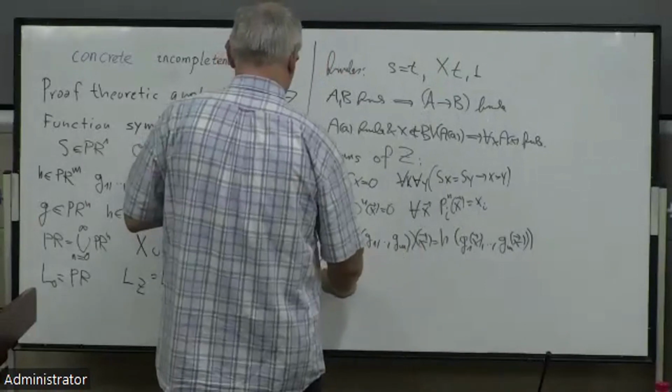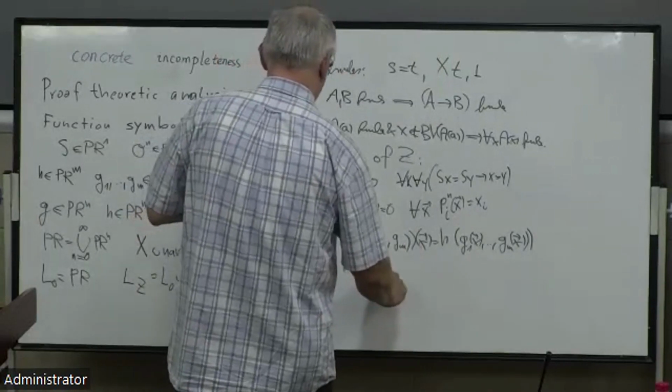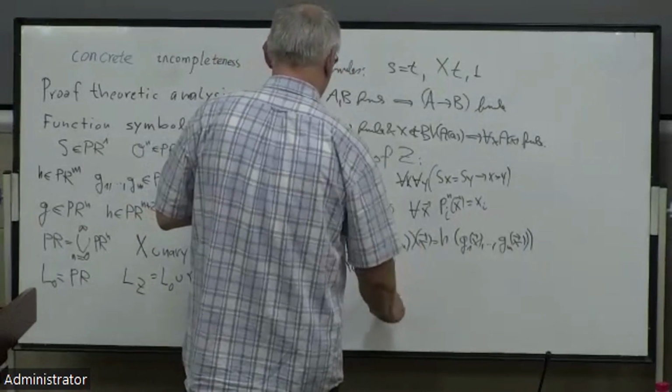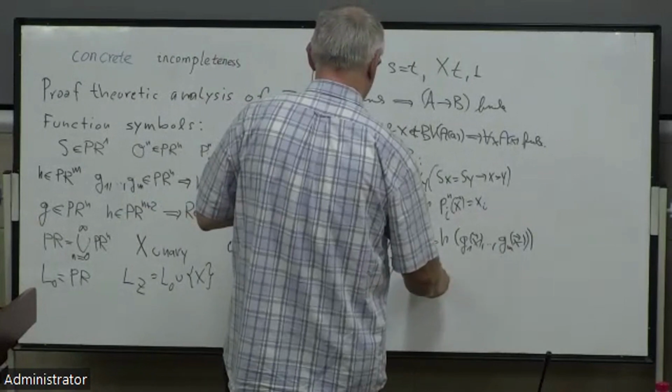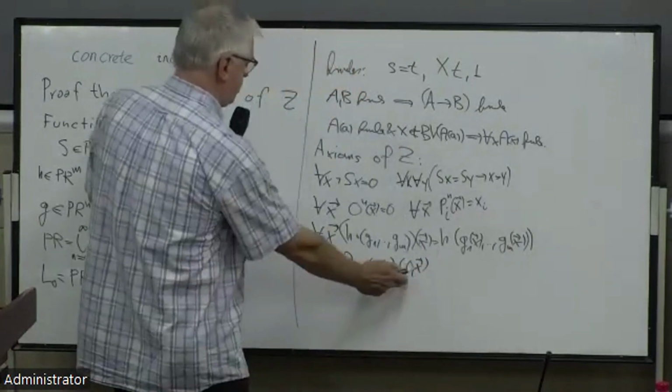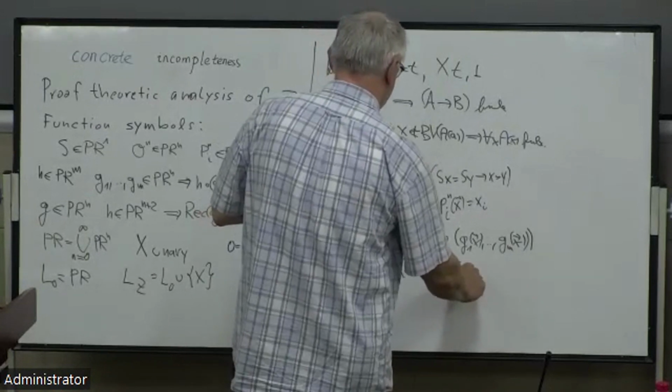So for all x, if you have a rec gh, then we do recursion, let's say, in the first argument. So this function symbol applied to 0x gives g of x, the start of the recursion.